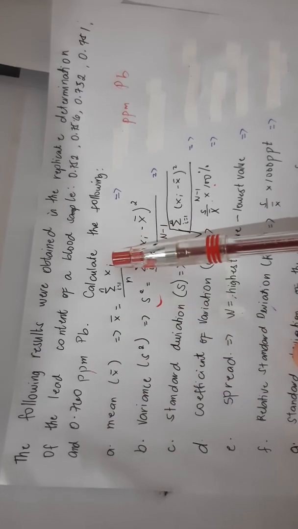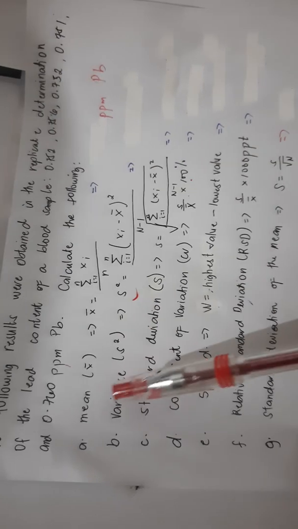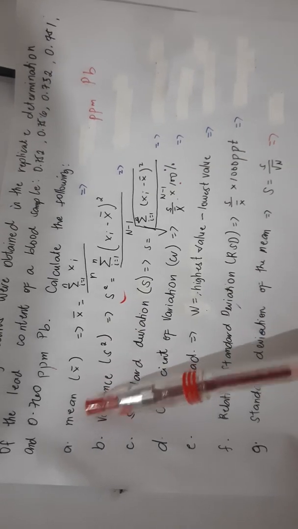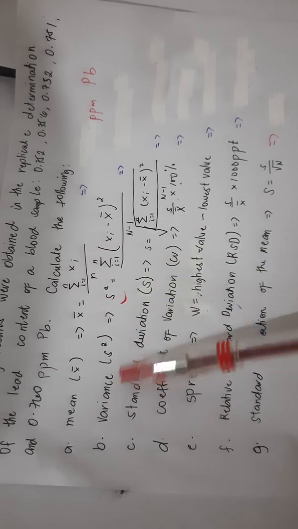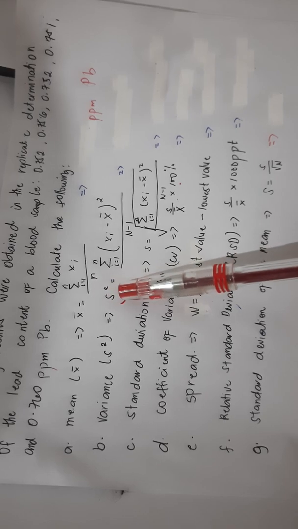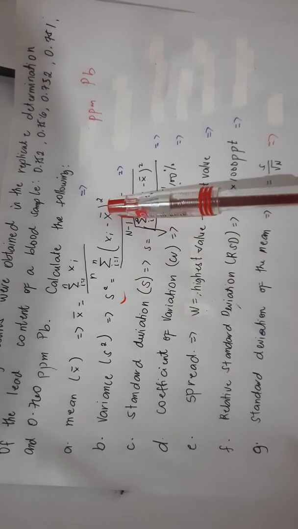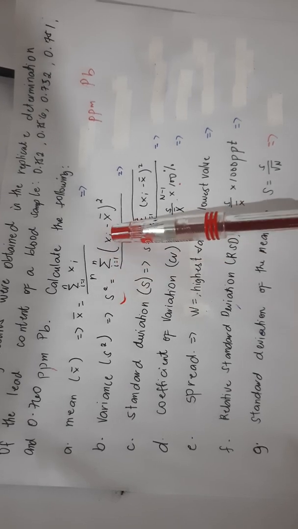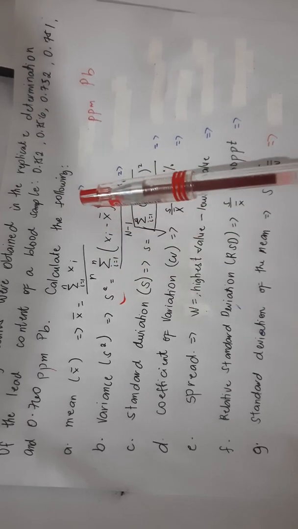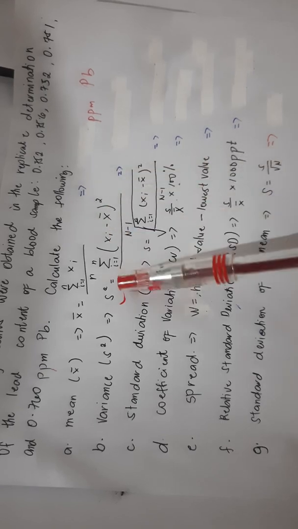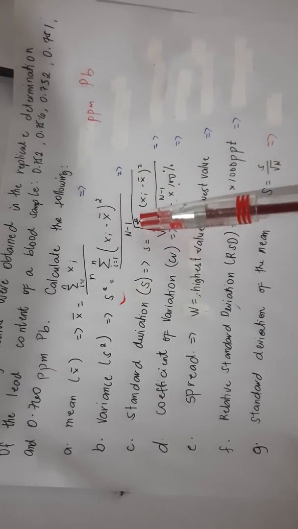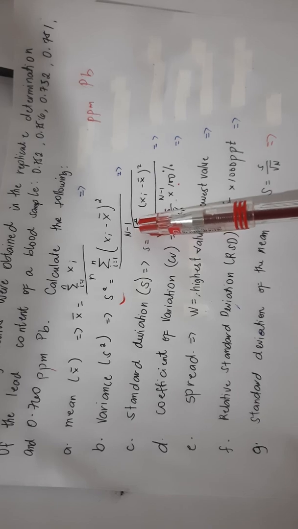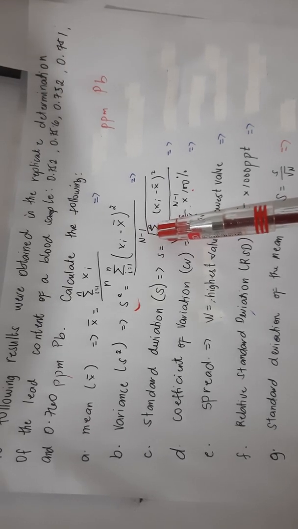Now we are going to calculate the following. We have the mean, which has this formula, and then the variance, which is the standard deviation squared, or the summation of x, our sample, minus the mean, squared, over n minus 1, where n is your number of samples.